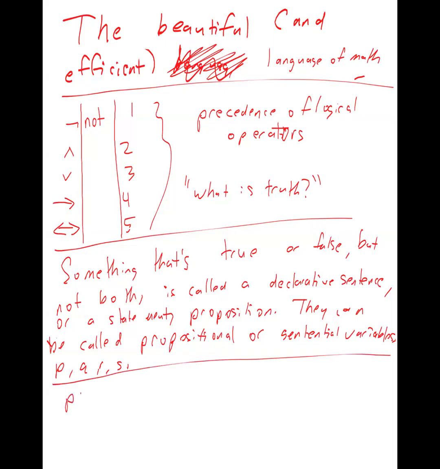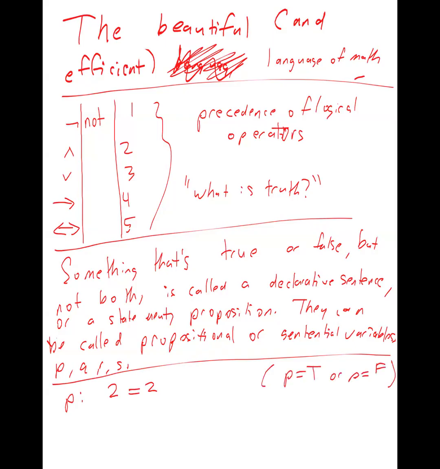So let's say the propositional variable called P is the statement 2 equals 2. So is that statement either true or false? Yes, it is either true or false. And it doesn't matter to us right now which one it is. It's either true or false, but not both. So it's a propositional variable. So first of all, is P equal to true or is P equal to false?